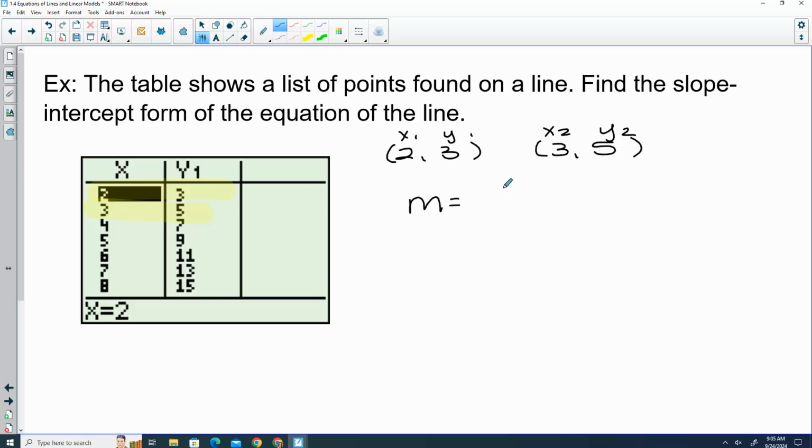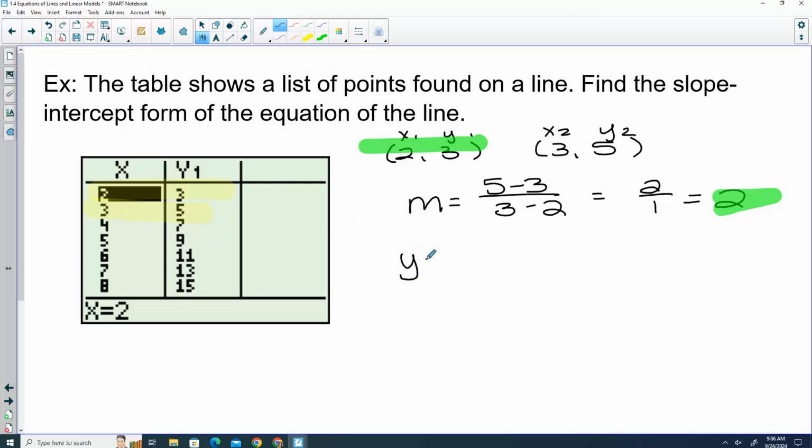So we're going to write an equation. We need a point and the slope. So we need the slope: y2 minus y1 over x2 minus x1. So we get 2 over 1, or 2. Now we take one of our points and our slope, and we plug into our point slope formula.